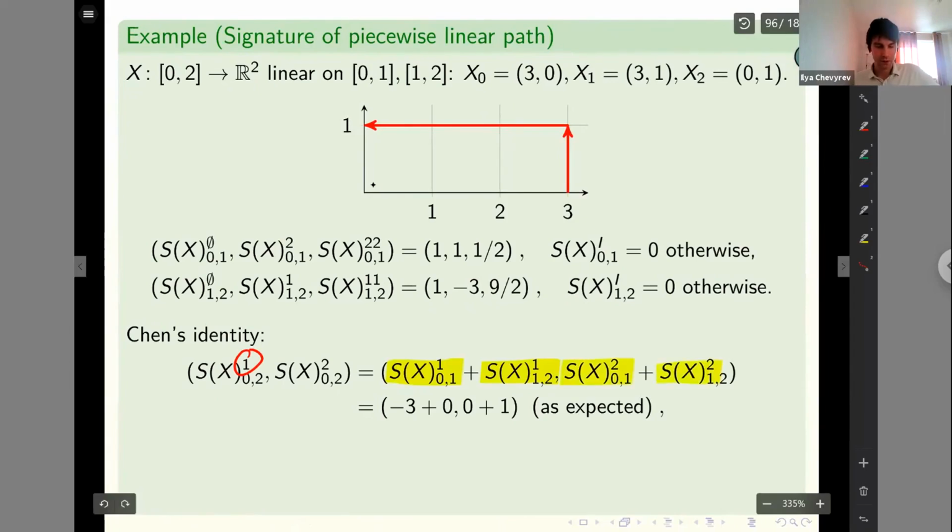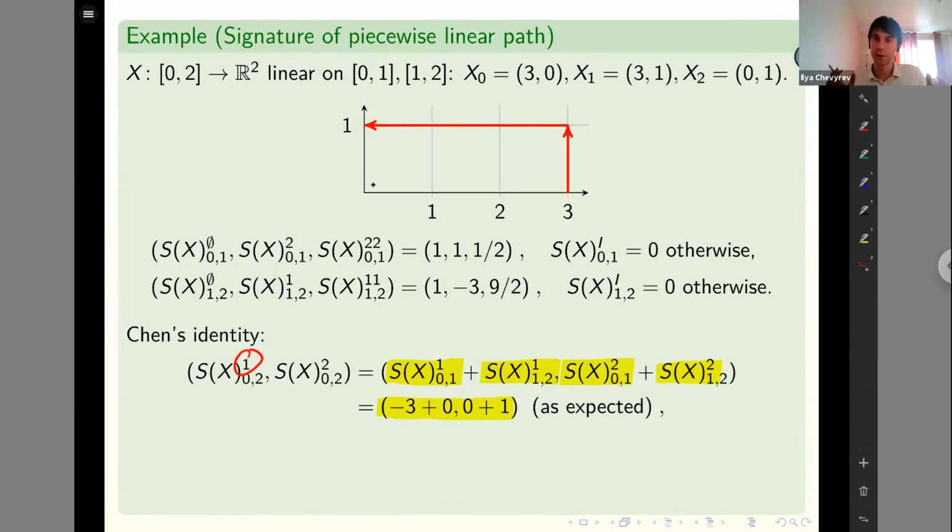In total, we get -3 plus and 1. This is completely expected because we already saw that the first level of the signature was just the increment of the path. Of course, if I subdivide my path into two parts, then the total increment is the sum of the two increments over the subintervals.